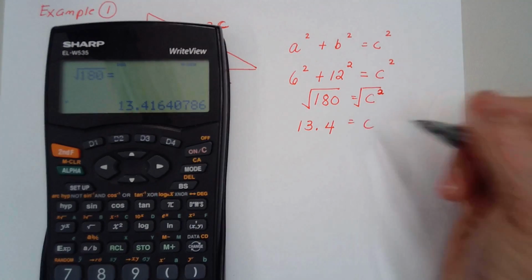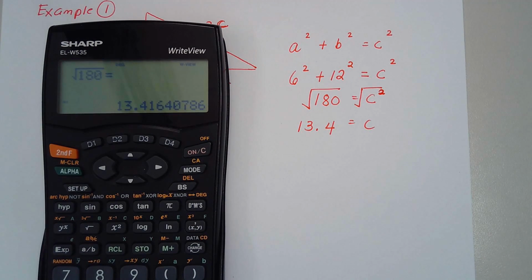I'm just going to go and visit you. So you type in the 180 first, and then the square root. Oh, okay. So get rid of that one, and then square.